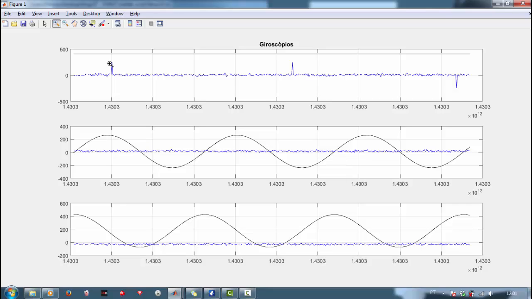But then again, we can see that in Y and Z, the values are very close to zero, and they do not follow the main line as would be expected.